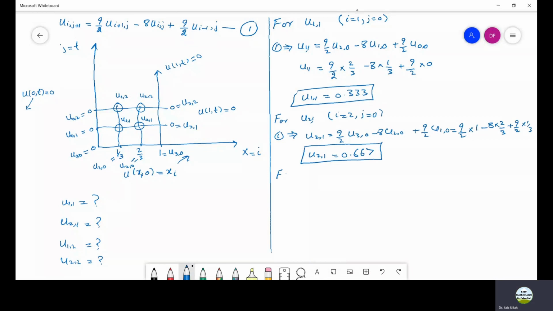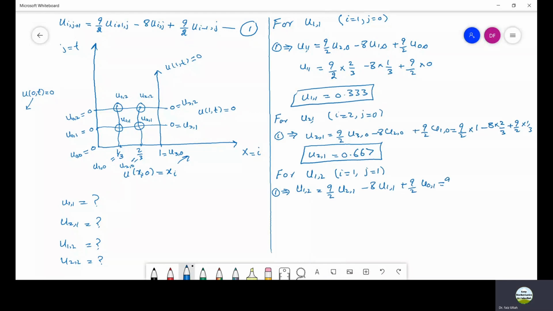The third value which we need is u1,2. So to get u1,2 from the left hand side of 1, we need to put i is equal to 1 and j is equal to 1. So from 1 we have u1,2 is equal to 9 by 2 u2,1 minus 8 u1,1 plus 9 by 2 u0,1. Let us put these values from the chart.